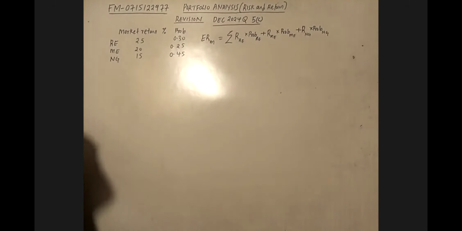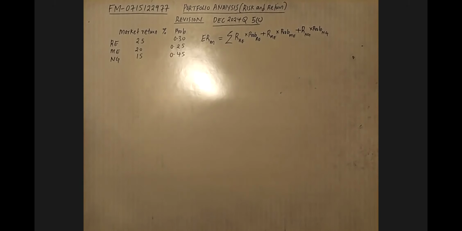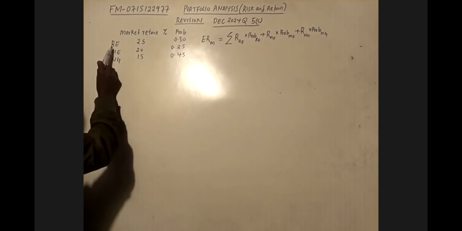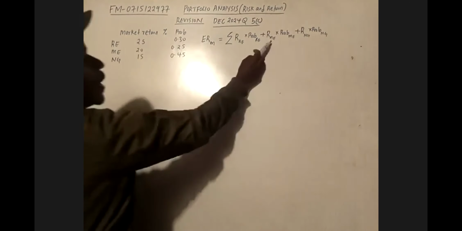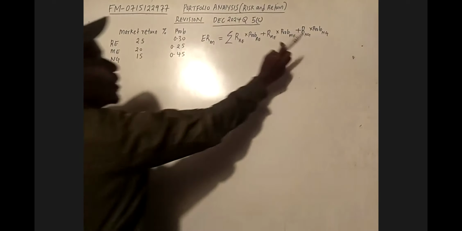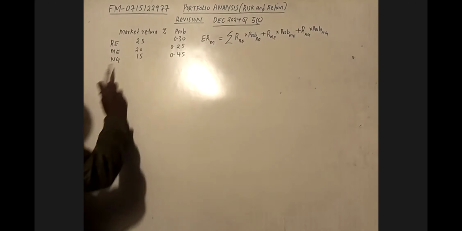That is the formula that you need. So RE means rapid expansion, ME means moderate expansion, and then NG means no growth.